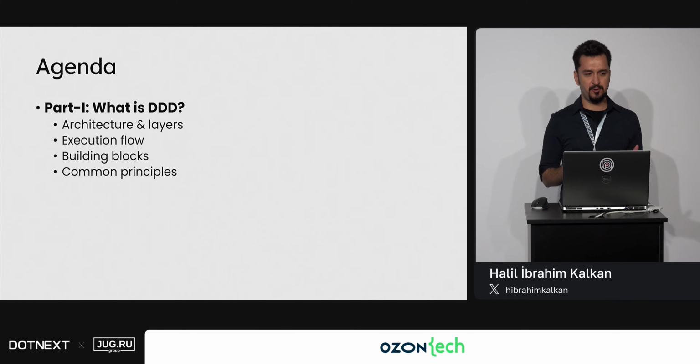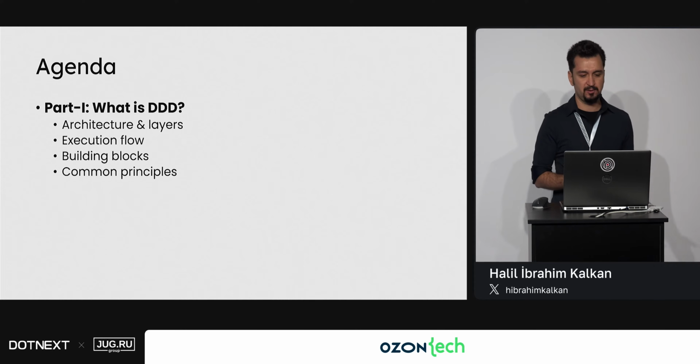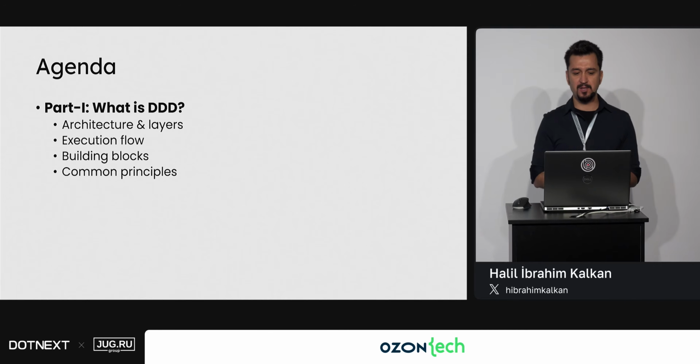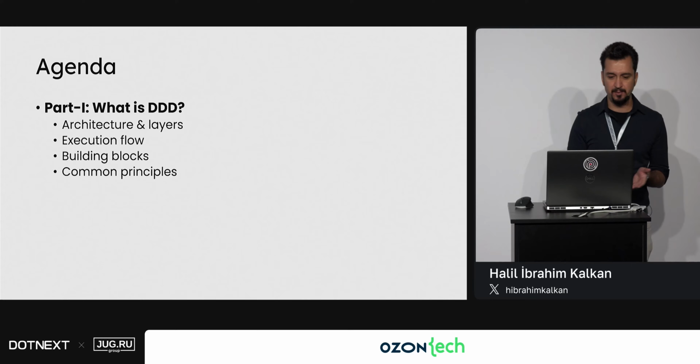Okay, today we will first talk about what domain-driven design is. This part will be very short because this is a practical talk, not a theoretical talk. So I will talk about the general architecture and layers of a .NET solution. Then I will show the execution flow of a typical DDD-based application.